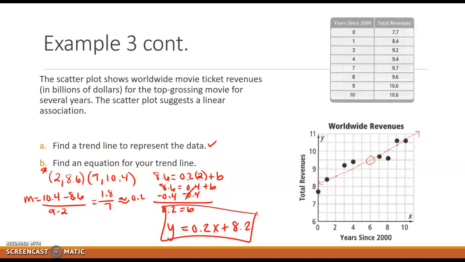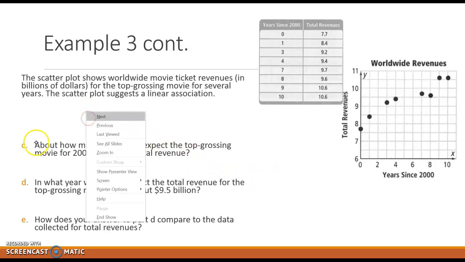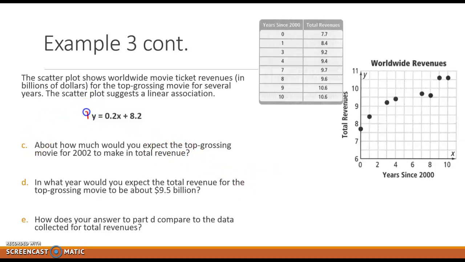All right, so from here, I rewrite this equation over here. Here's that equation again that we just made. We have 3 more parts to talk about. So it says, about how much would you expect the top grossing movie for 2002 to make in total revenue? So first I need to realize that 2002 is 2 years since 2000.